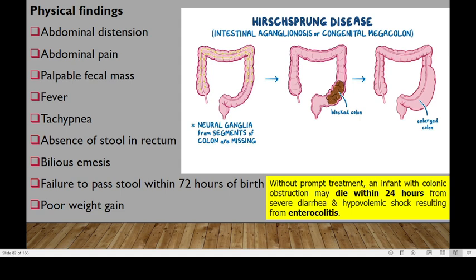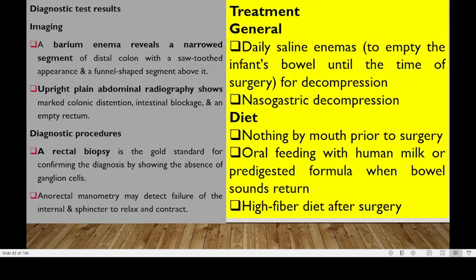So we have Hirschsprung disease presenting with those major signs and symptoms. We could do a barium enema, which will reveal a narrowed segment of the distal colon. We also do upright plain abdominal radiography, which will show marked colon distension, intestinal blockage, and an empty rectum.